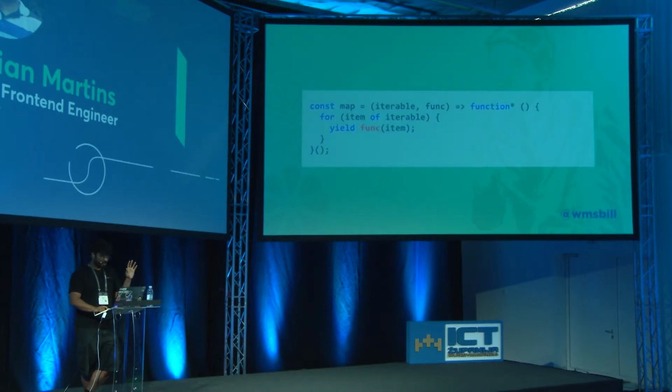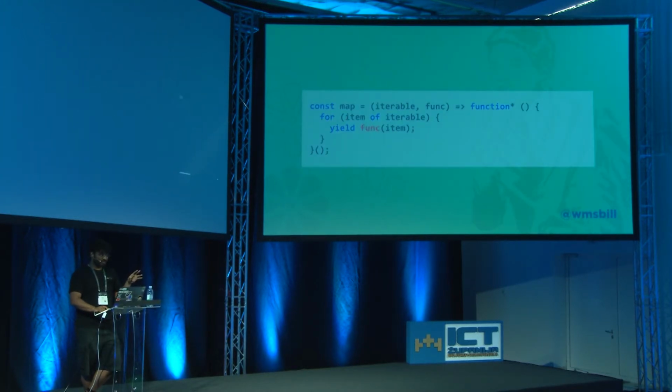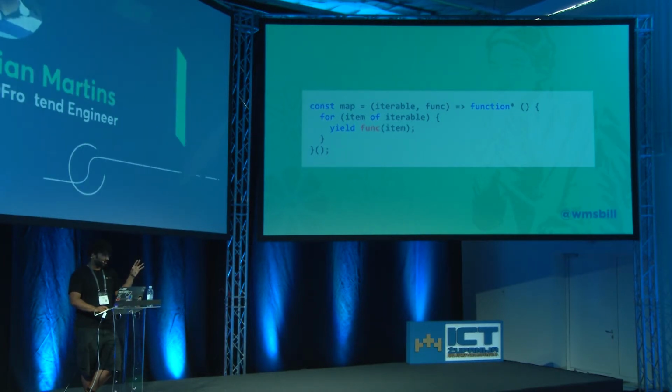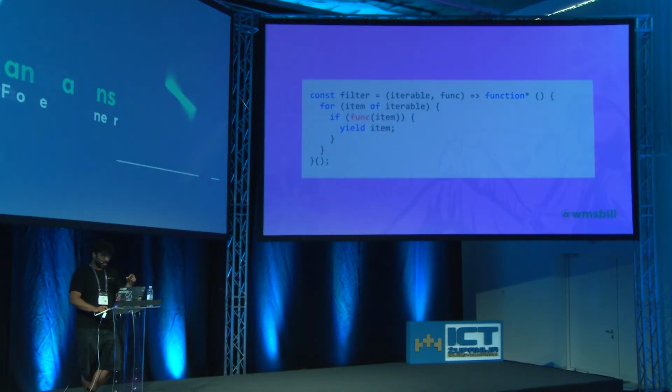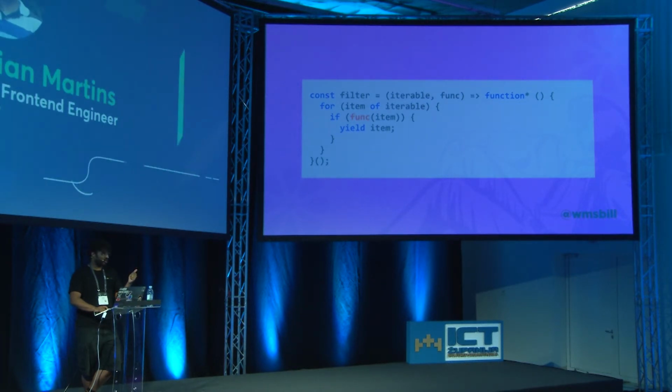So this is how we would create the map function. Note that I'm not returning the generator per se. I'm returning the execution of the generator, which gives you back the iterable. And this is how we would filter values out of the iterable.